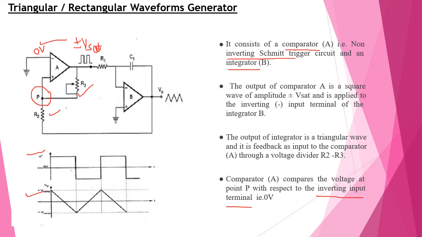The voltage at point P is compared with respect to the inverting terminal of the comparator, which is at 0 volt.